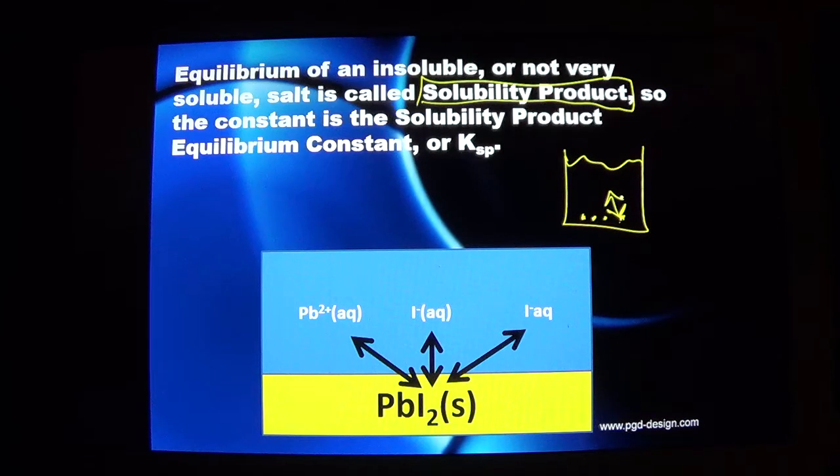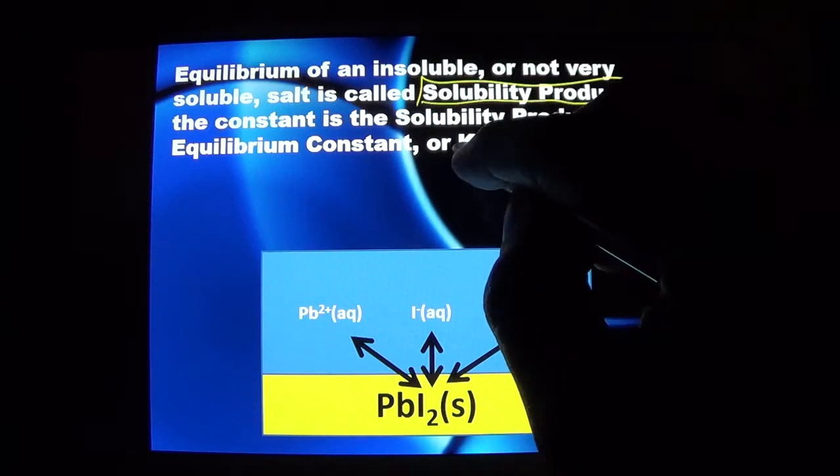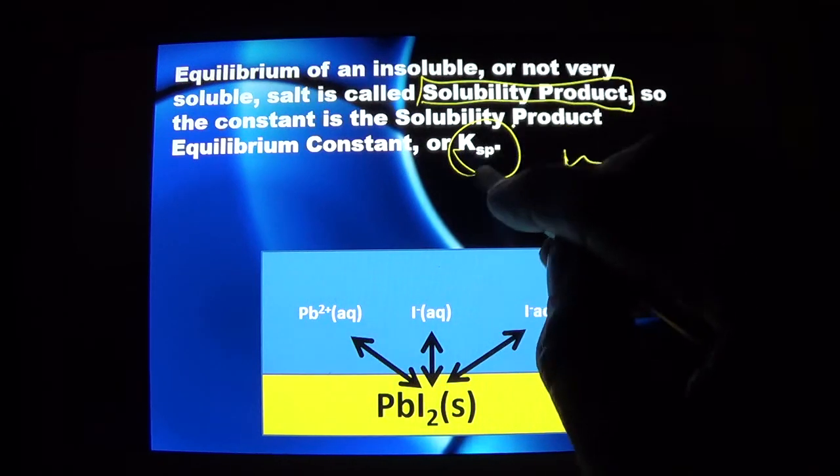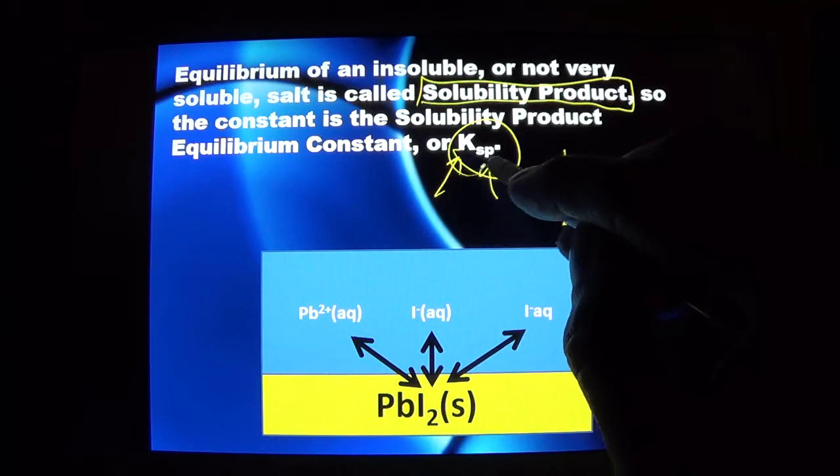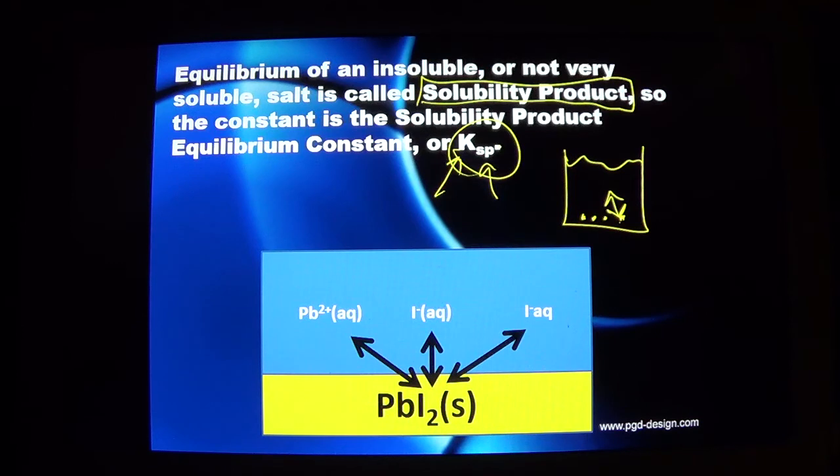Okay, so we're going to concentrate on not very soluble salts, ones that don't match the solubility rules that you've been told to memorize. Oh wait, do you need to go back and watch the video on solubility rules? If so, do so. But we call this Ksp, the equilibrium constant specifically for solubility product. Do you need the sp?